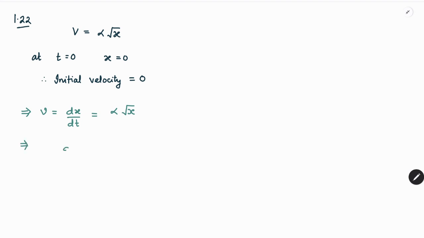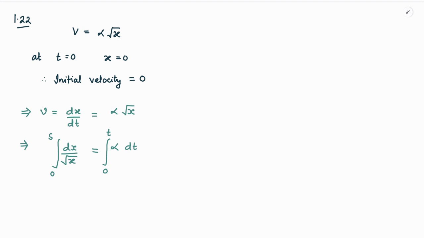And from here we can write that dx upon root x is equal to alpha dt, and now we integrate both sides. At t equal to 0, the particle is at x equal to 0, and at a time t, the particle has undergone a certain displacement s in the time interval t.